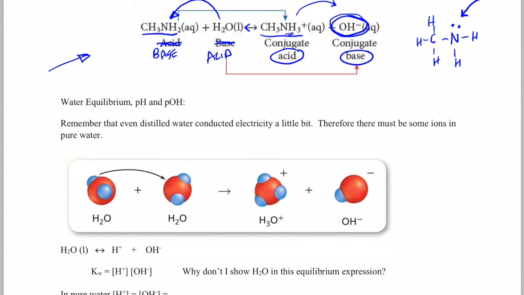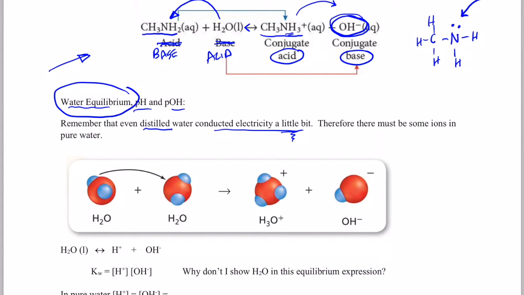All right, now we're going to begin a discussion on water equilibrium, and we'll get to pH and pOH actually in the next video. But for this video, I want to end with talking about water equilibrium. You might remember a long time ago when we were talking about electrolytes and I did a demonstration for you, distilled water conducted electricity a very little bit.